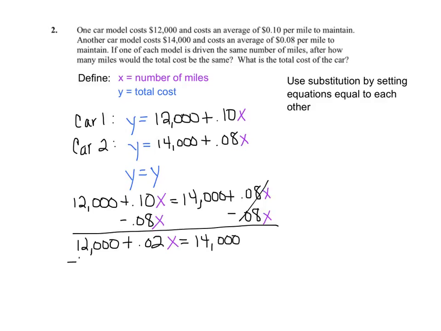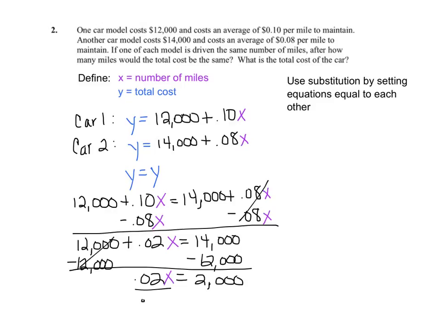Next step, subtract 12,000. So we're left with 0.02x equals 2,000, and the 12,000s cancel. And then our last step is to divide by 0.02 on both sides.